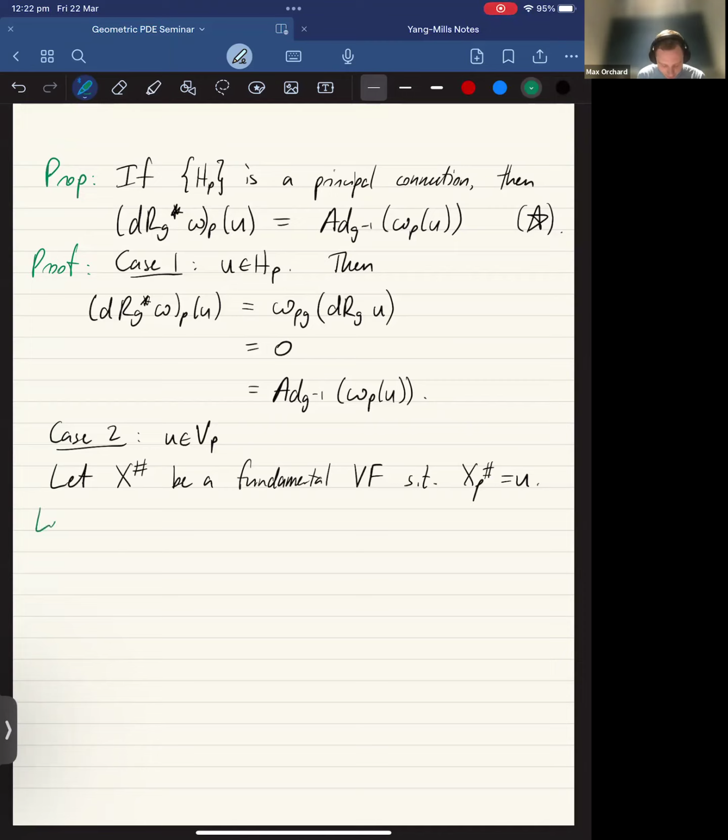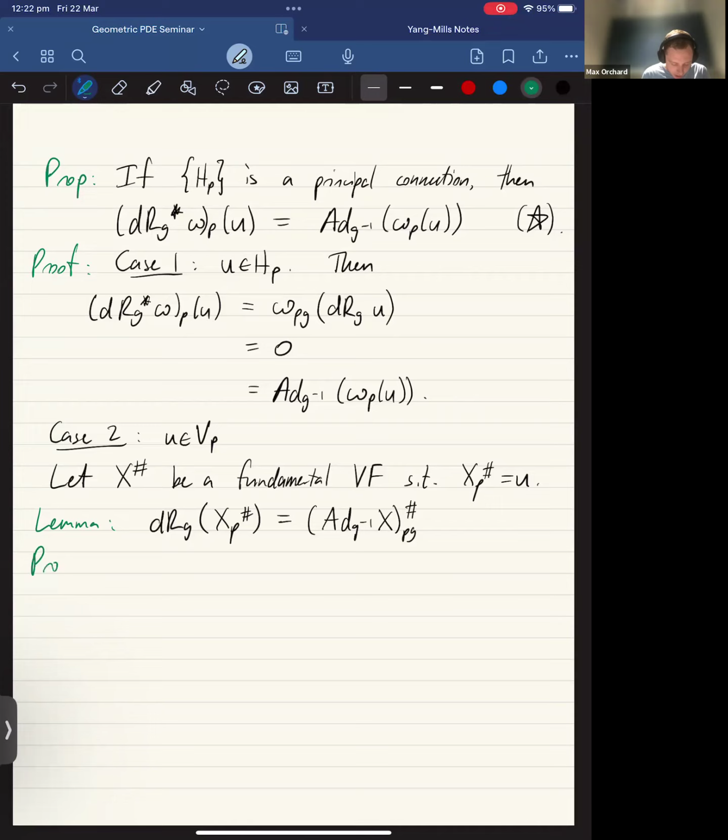A quick little computation before we get into actually proving the statement for vertical vectors. It's that if we act on the right of this fundamental vector field, what we get at the end is the fundamental vector field of the adjoint of X, evaluated at a certain point.